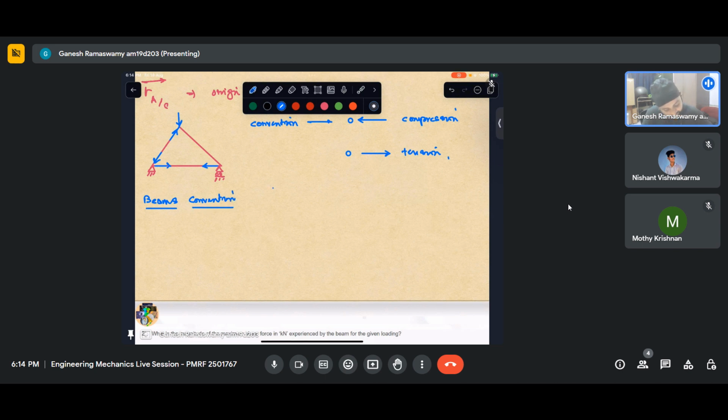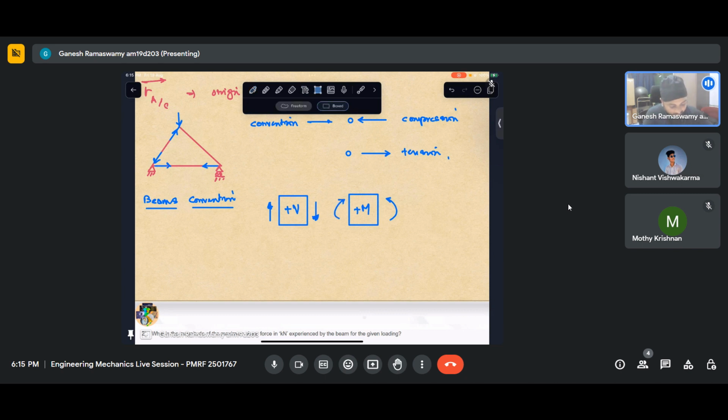So the beam sign convention will appear something like this. Positive shear force, and the direction will be given like that maybe. Similarly, positive bending moments will be given like that.